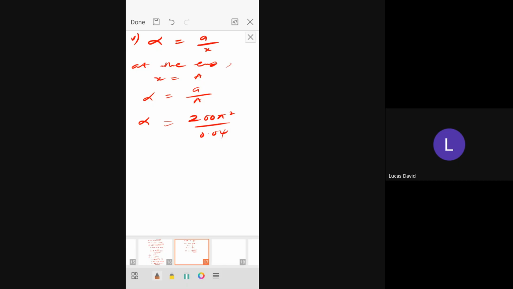So let me quickly press that from my own calculator. If I have 200, I'll still keep my π² constant. So I want my answers to be in terms of π, but you can choose to evaluate yours if you care. So 200 divided by 0.04, that's going to give me 5,000. All right, so this is going to be 5,000π².